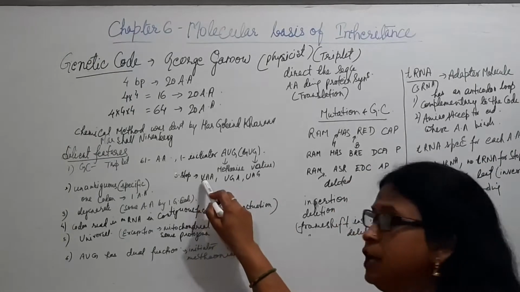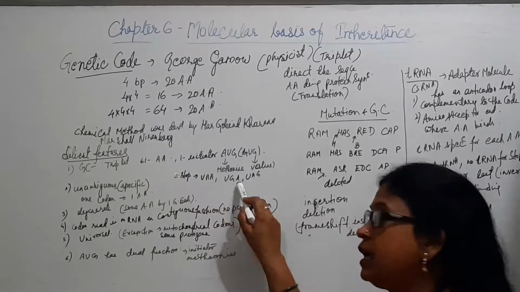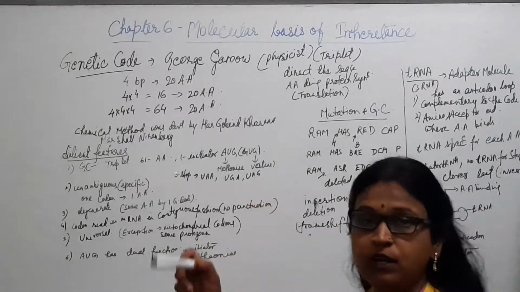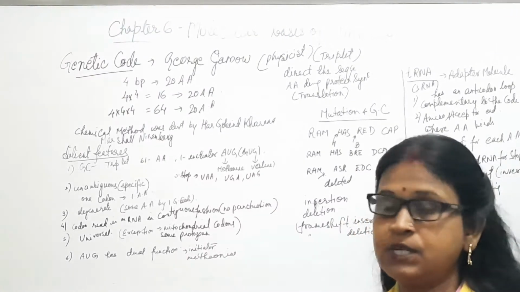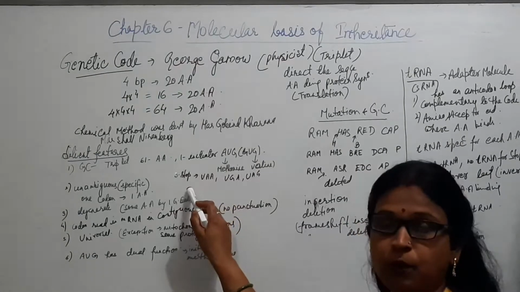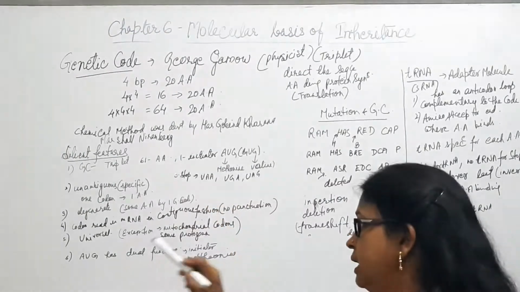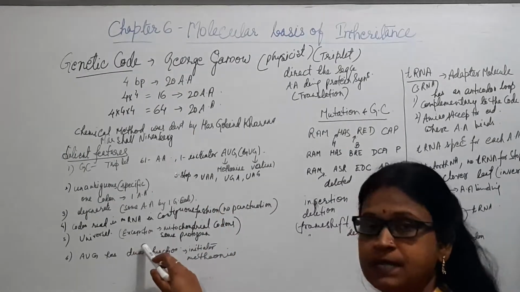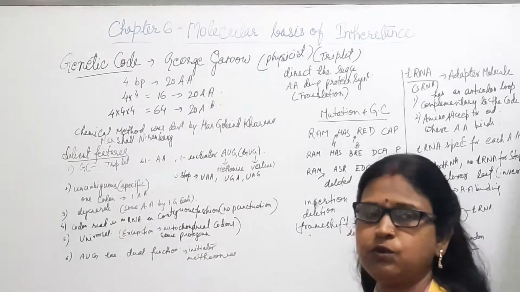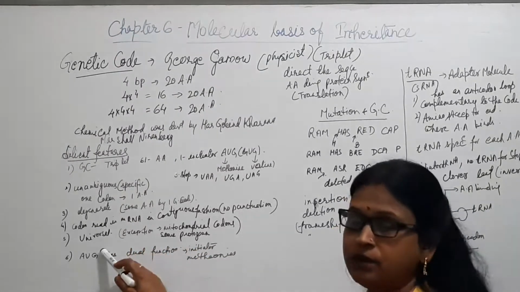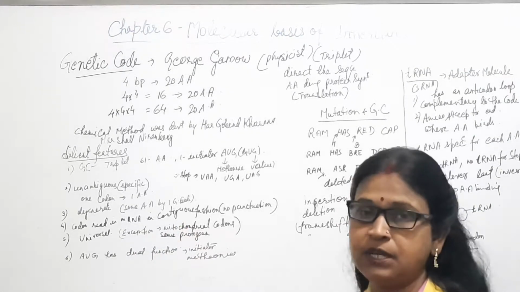Stop codons are UAA, UGA or UAG. Any one of these 3 will stop the process of translation, and that's why they are known as stop codons or nonsense codons. But some exceptions are also there, like some mitochondrial codons and some protozoa. This is not universal for them, but actually it is universal.